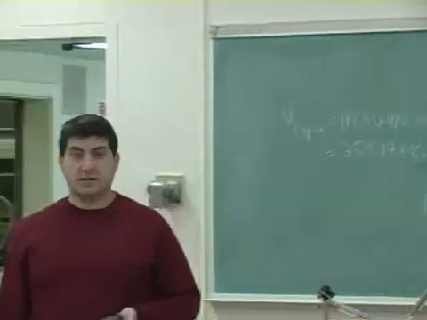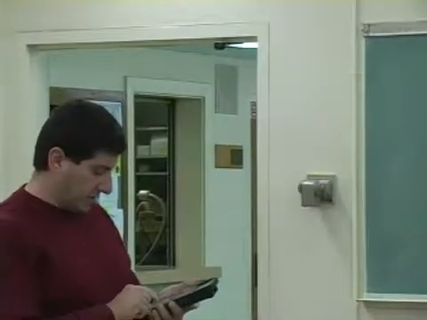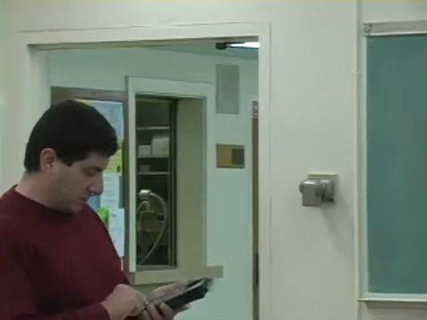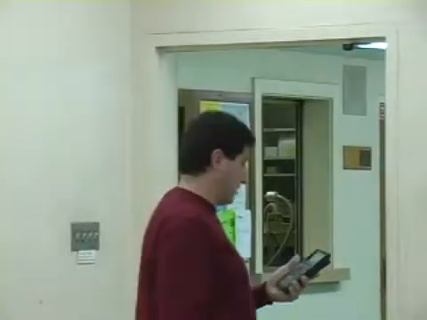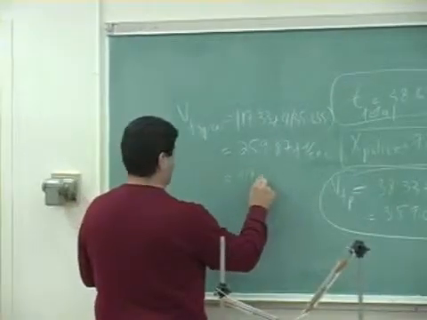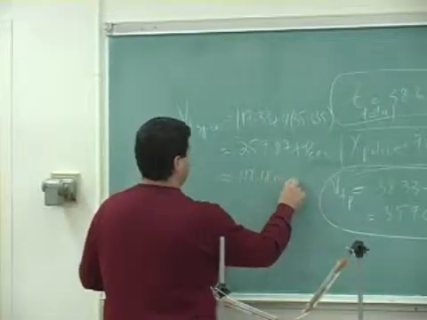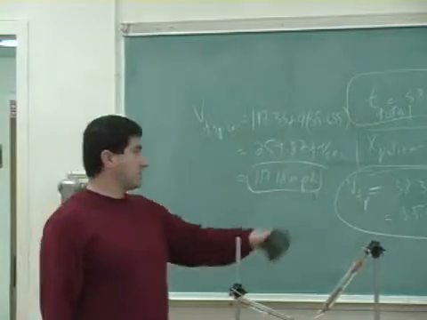So the speeding car is going 259.87 feet per second, which is 177 miles per hour. So that's a little more doable. Okay. So the speeding car is going 177 miles per hour.